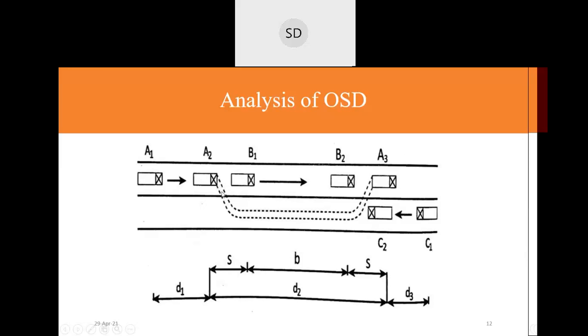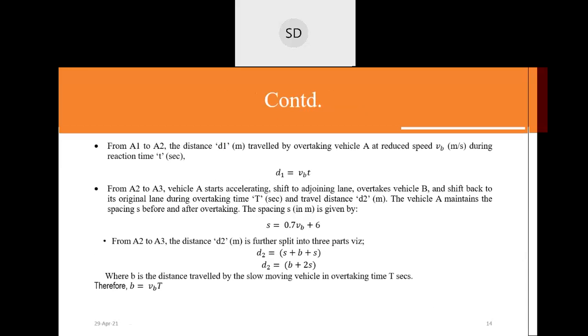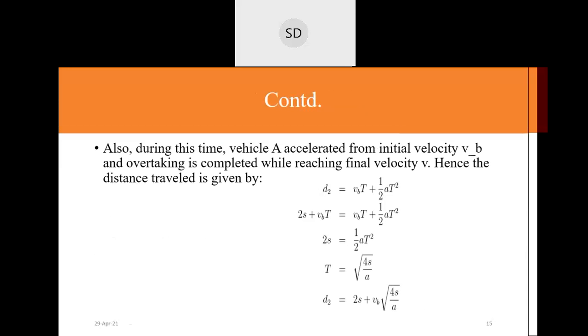Suppose the rate of acceleration is a, and after acceleration it reaches position A3 with its final speed, the design speed V meter per second. So here your B would be Vb into T plus half a T square. That is your formula. I think you are all familiar with this formula from your 9th or 10th standard.